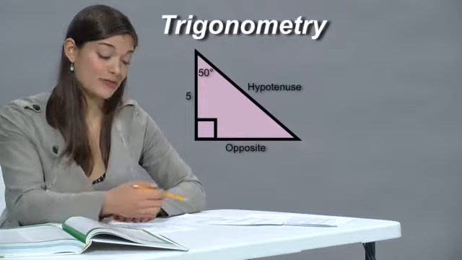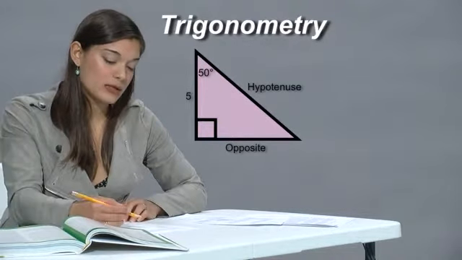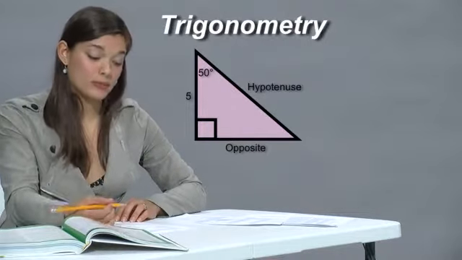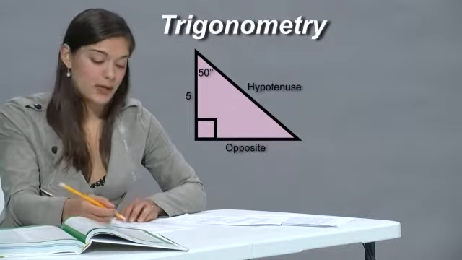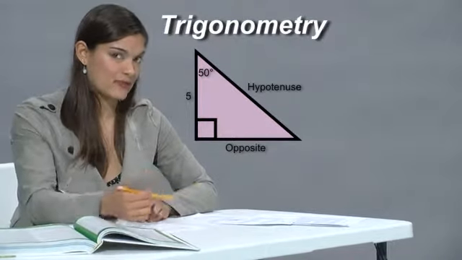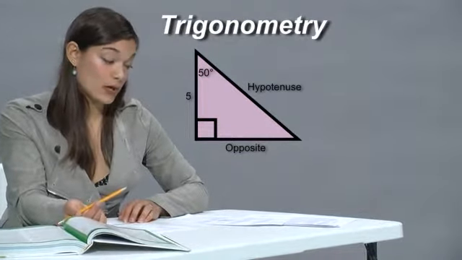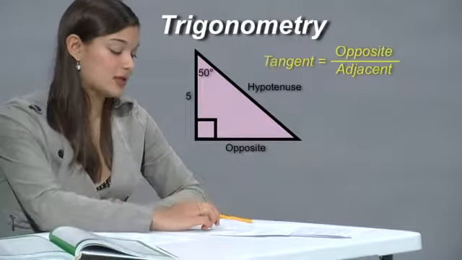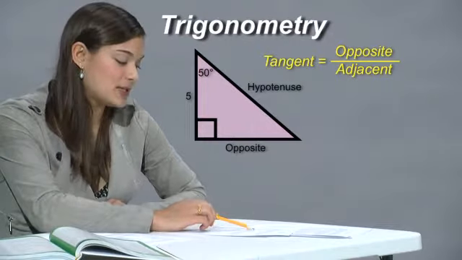But what about if we want to find the other side? The opposite side. How do we figure that out? Well, we'll need another ratio, right? So what relates opposite to adjacent? Because we have that 5 again. Well, we go back to SOH CAH TOA. And let's see, tangent equals the opposite over adjacent.